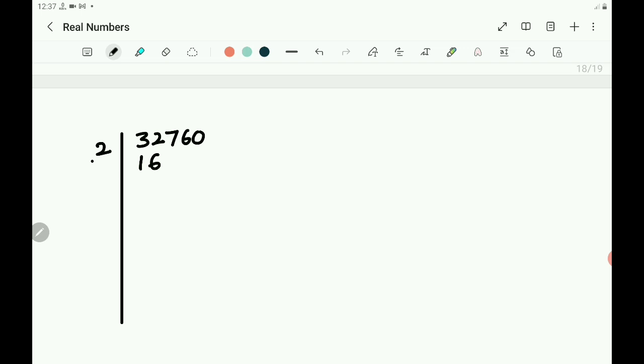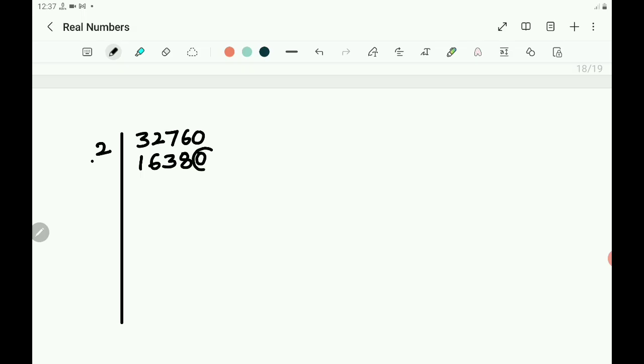Then 7 you take. 7 is not in the table of 2. 2 3s are 6. Again what is remaining? 7 minus 6, 1. 1 6 means it becomes 16. 2 8s are 16. Then 2 zeros are 0.